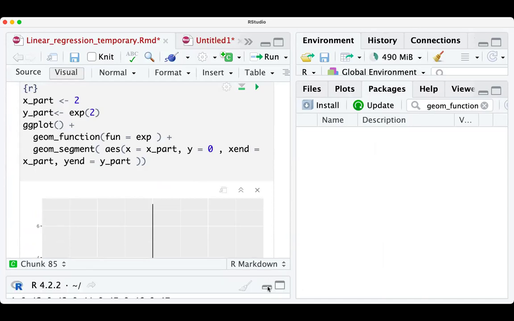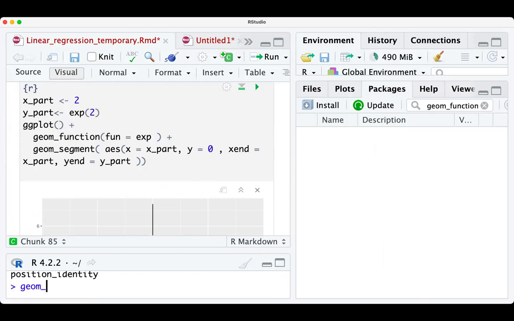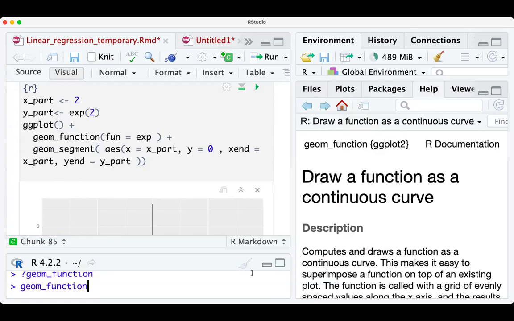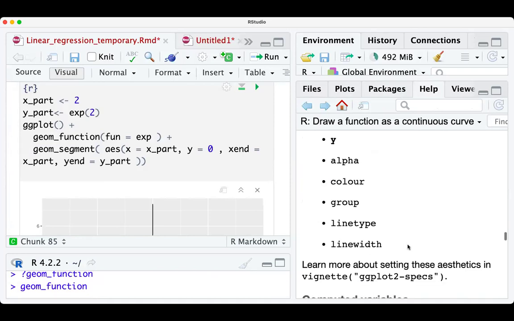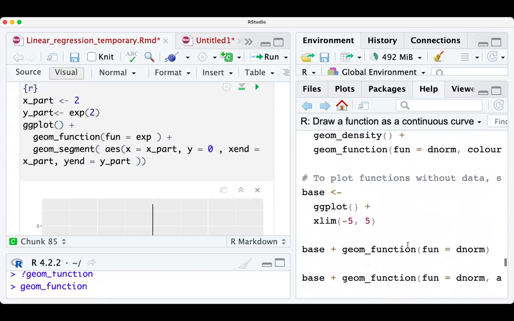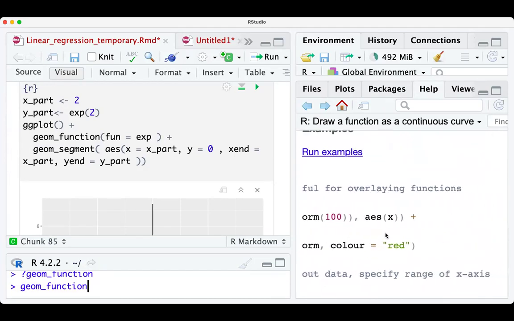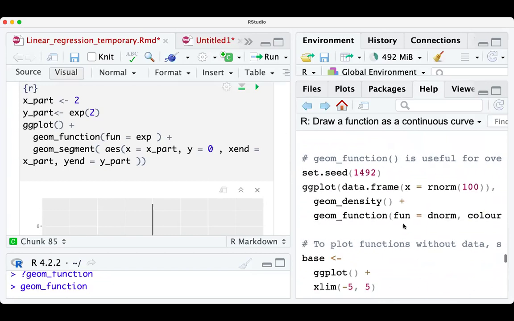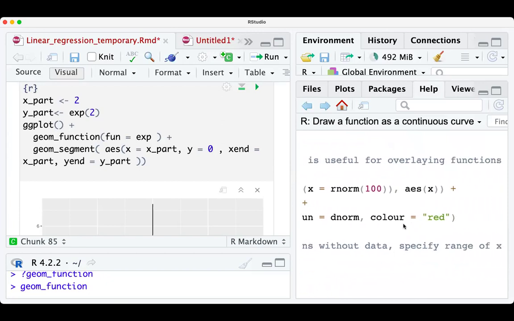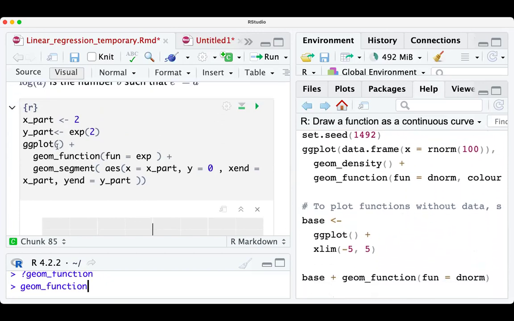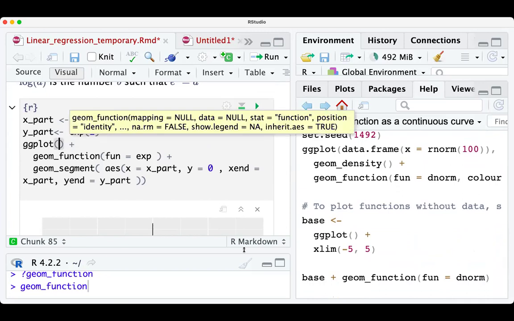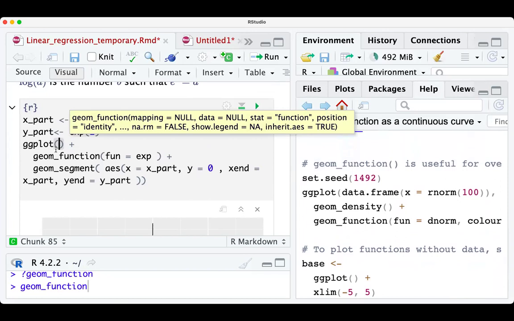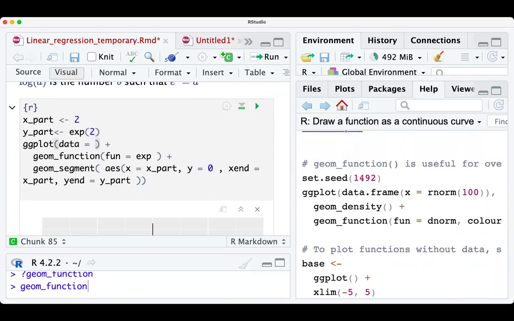I don't know. Maybe I need some aesthetic, or data equal to tip.